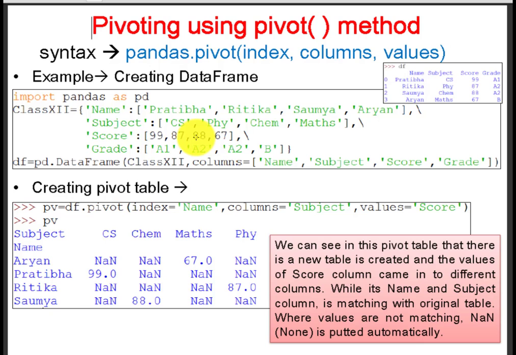So first you should have the data frame, then that data frame will be converted into the pivot table. Whether you create that data frame, or if you have an existing data frame, you use that. Clear? So always the pivot table is a new table which is created from the data frame.